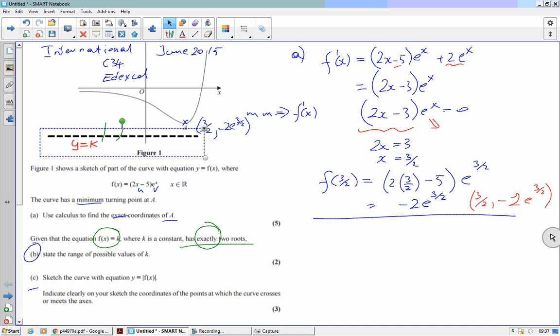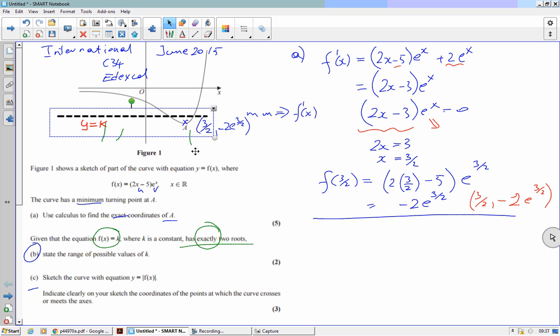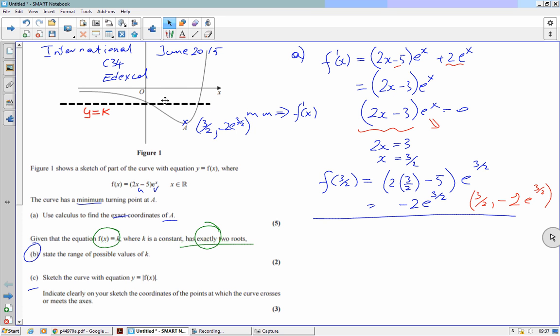But then, if I were to place it above at this point, say, then there's 2 real roots there. So what values are there 2? At the moment, there's 2 here. But there's only 1 root here.